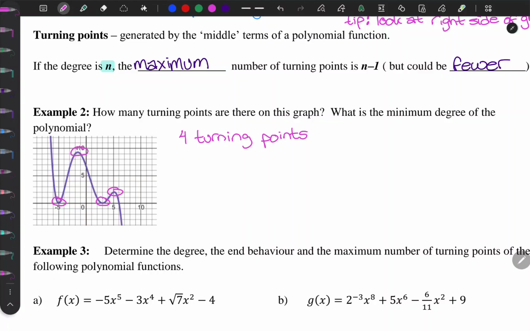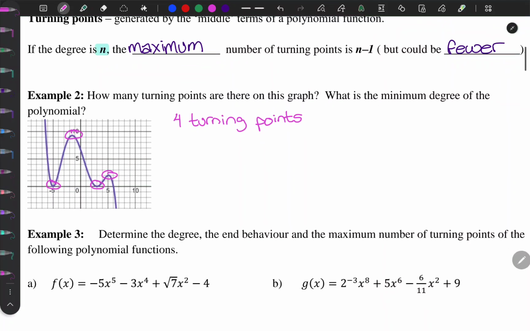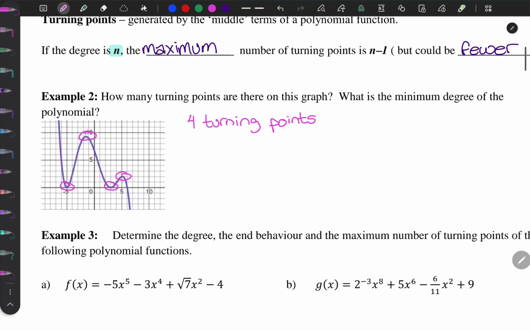If something had a degree of 4, it would have a maximum of 3 turning points. This, because it has 4 turning points, must be at least degree 5. It could be a higher degree function that just has less turning points, but we know the minimum degree. So we can say the polynomial must be at least degree 5.